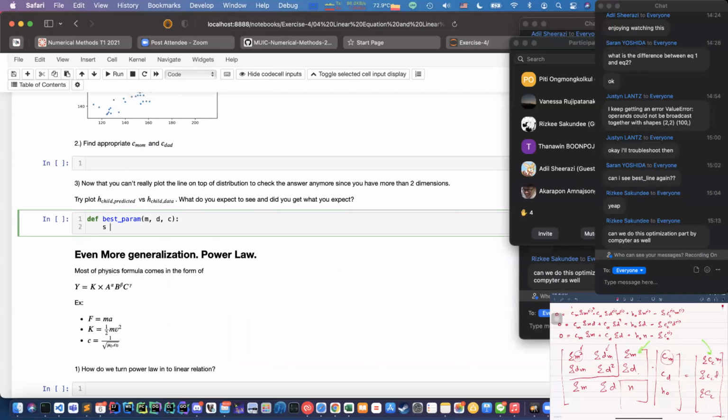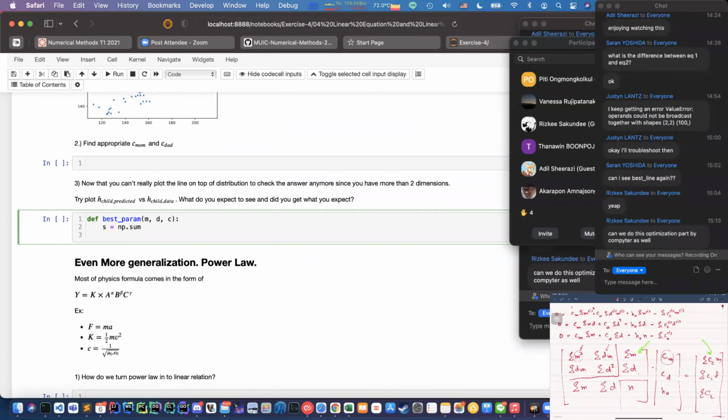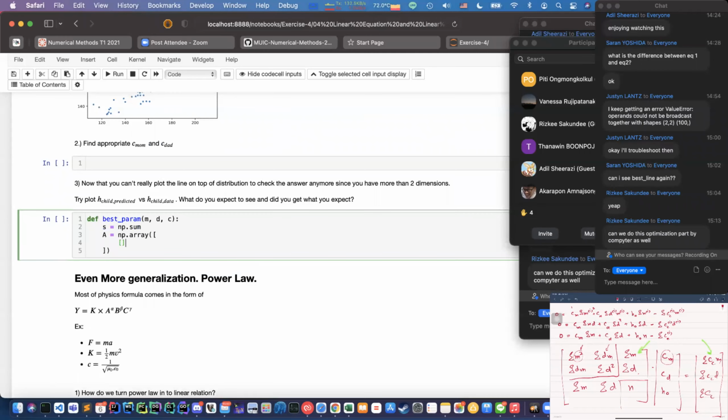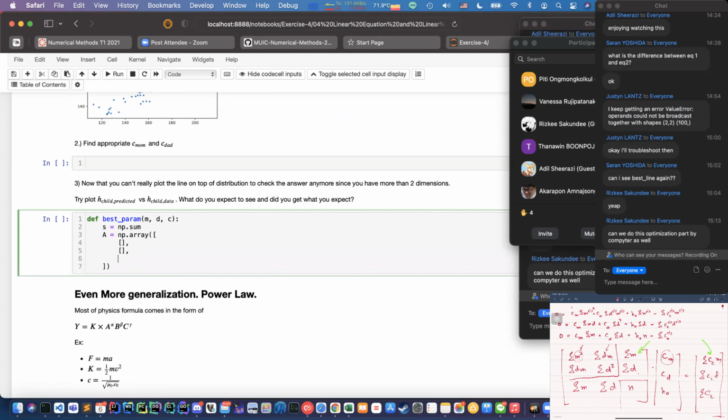Actually, it's easier to do this. N is np.sum, assigned as a function, and then A is np.array. I need 3 rows of them.